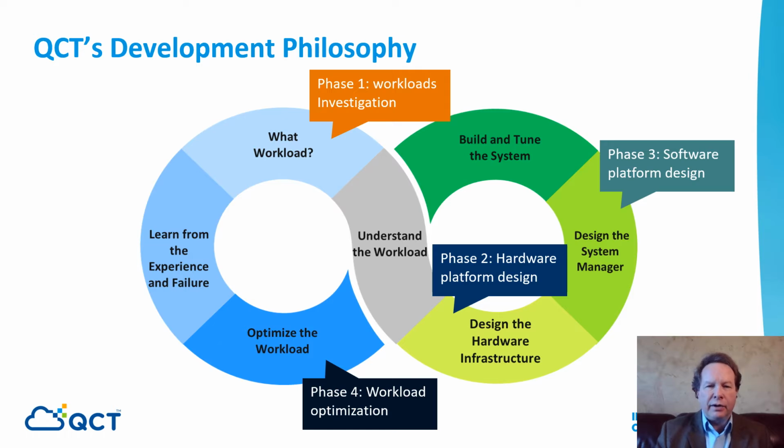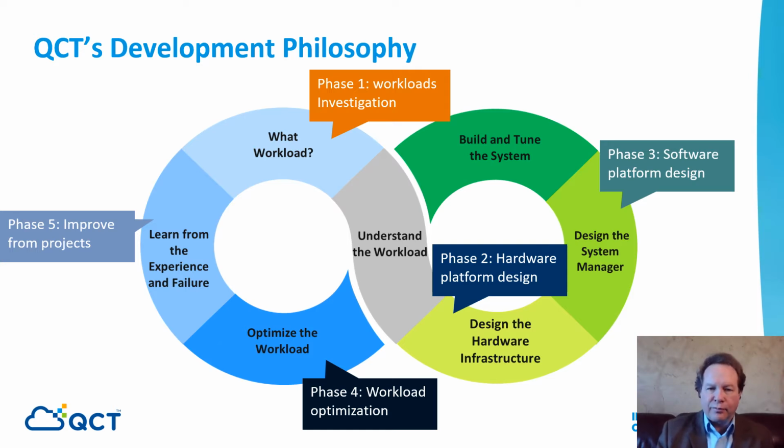QCT can accurately integrate the best-fitting hardware and software infrastructure. Through system tuning and optimization for the target workloads, QCT aims to build a workload-driven design environment for users. We'll note that this is a system that also continuously improves as we go through it cycle after cycle.